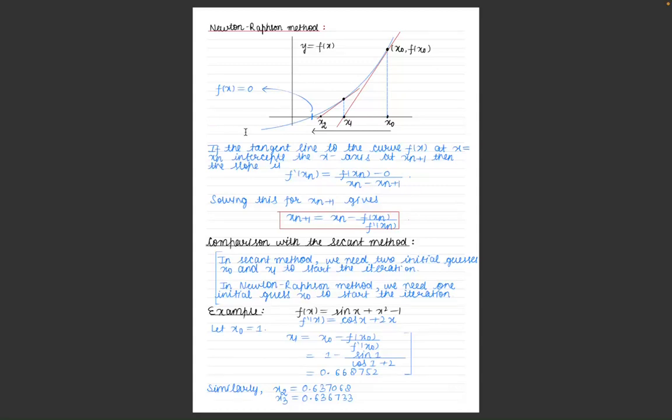If you put the value, you will get 1 minus sin 1 by cos 1 plus 2, and if you compute it, it will be approximately equal to 0.668752.